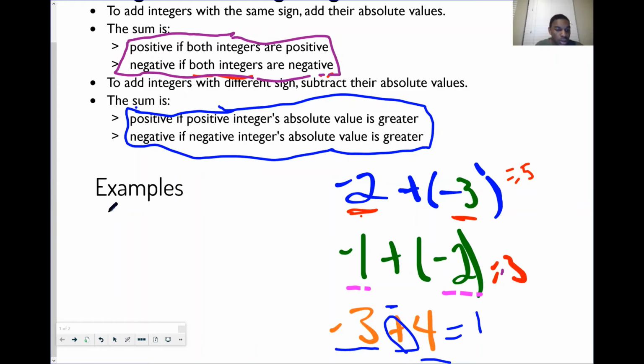And then we're going to add, and then give me a negative number. Let's do a negative 5.